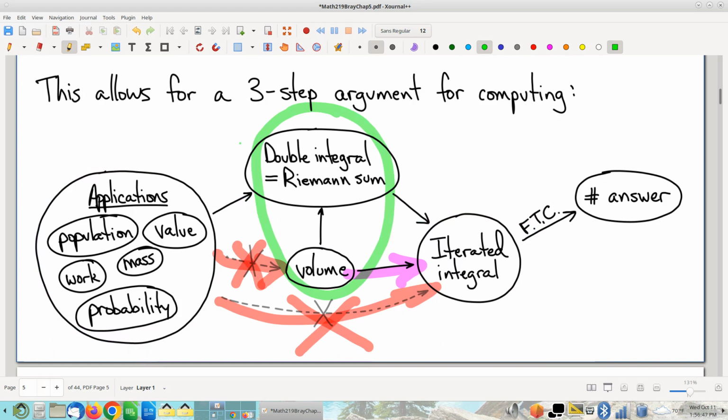We defined this thing called a double integral, and my very first example was to show that I can compute volume with a double integral, which seems silly because we already knew how to do volume with an iterated integral that I know how to compute. How silly is it that I would relate volume to a different construction that I don't know yet how to compute? Right? What's the point? Seems like we're going the wrong direction. Okay.